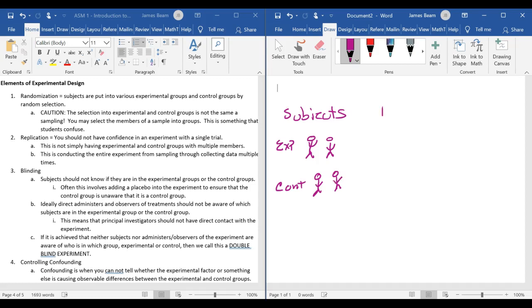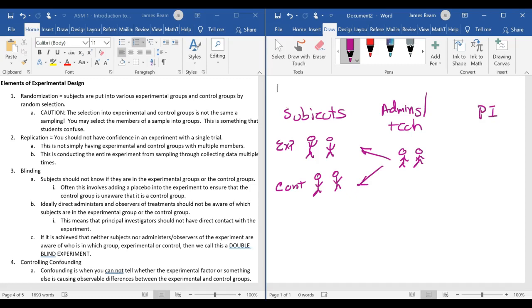And then you have administrators, sometimes called techs. And these are the little doodads running around in white coats who are doing things to the experimental and the control group.